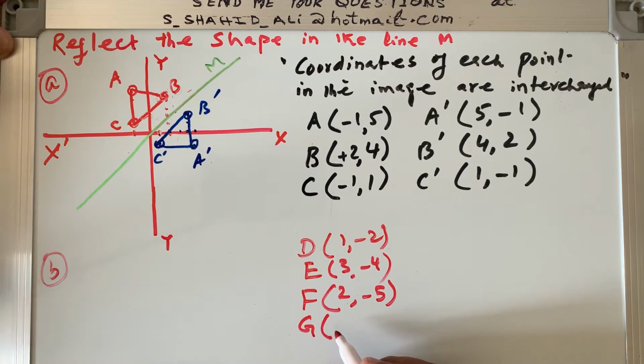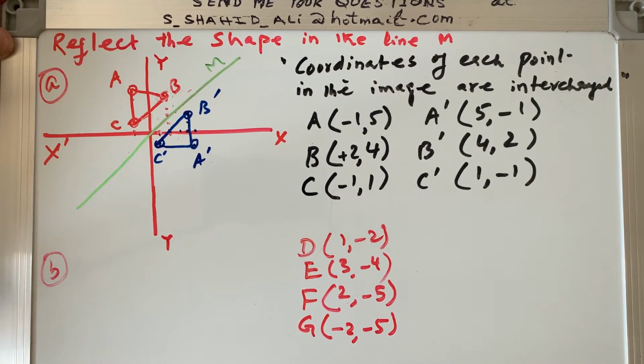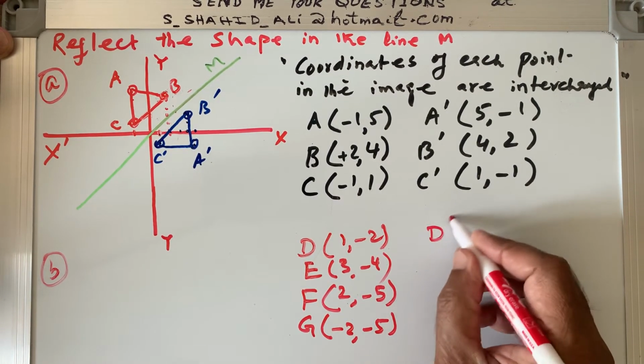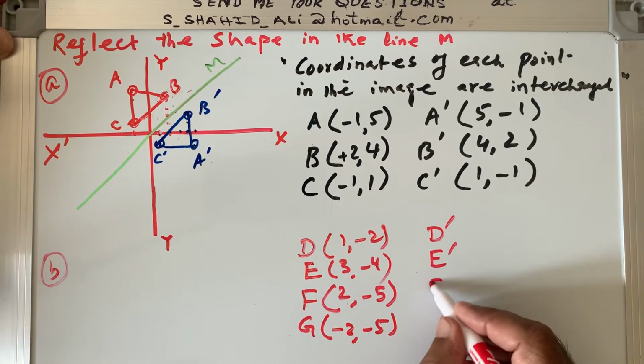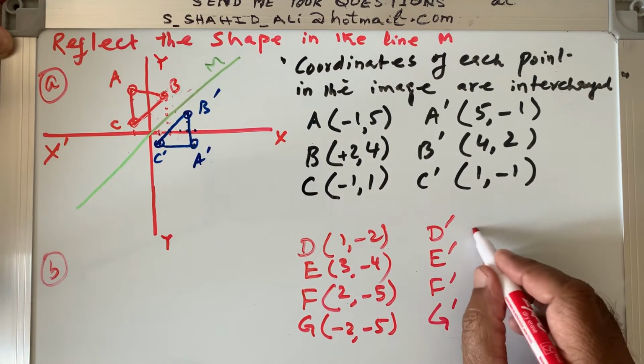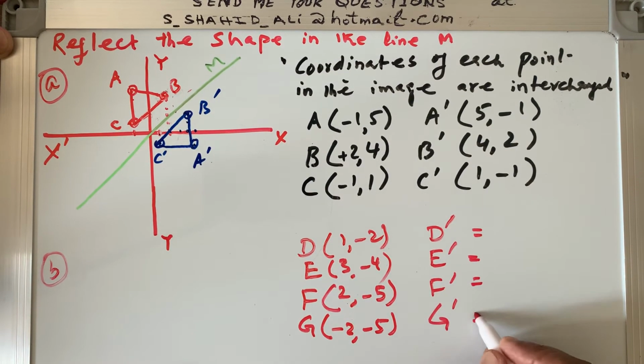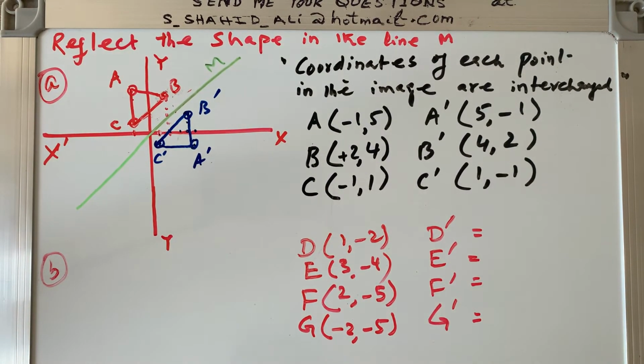And then you have to find out the image in the line M. So we have to find the image in the line M again for these coordinates, D, E, F, G, which is a quadrilateral, of course, because there are 4 points. Then we have to figure out their D dash, E dash, F dash, and G dash. So the procedure is the same, but the way of asking the question is different. Before the shape was given, and now the coordinates are given, and we have to draw the shape of the coordinates.